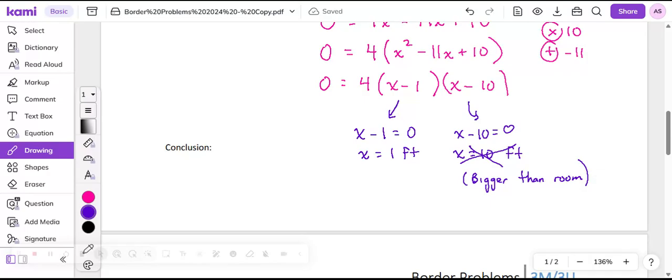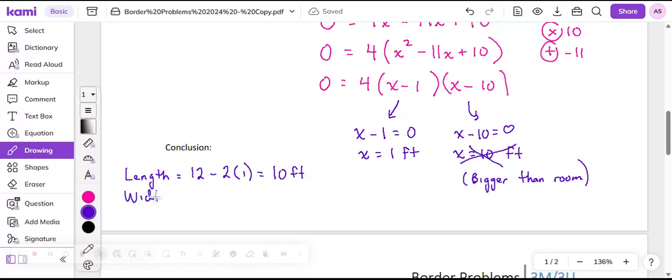For me to get the perfect rug for Mrs. Smith, I need a rug that gives a 1-foot border around the room. So what is that for my length? Remember, the length is 12 feet of the room, and we'll subtract 2 of those borders. So 12 minus 1 and minus 1 again is a 10-foot rug on one side.